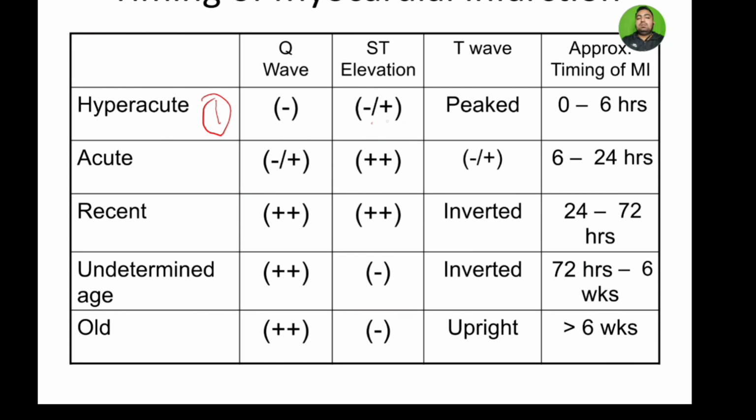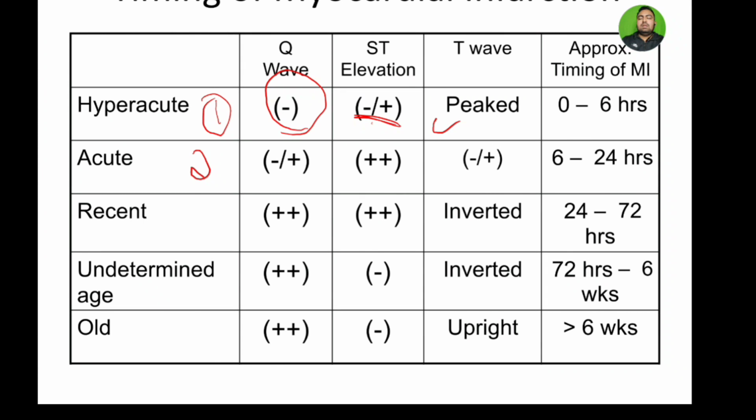There can be presence or absence of ST segment elevation. There are peaked T waves and Q waves are absent. Remember that whenever there is a hyperacute myocardial infarction, there is always absence of Q wave. And ST elevation can either be normal or elevated.